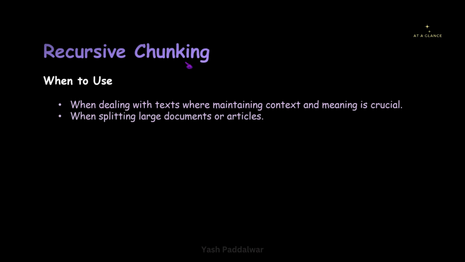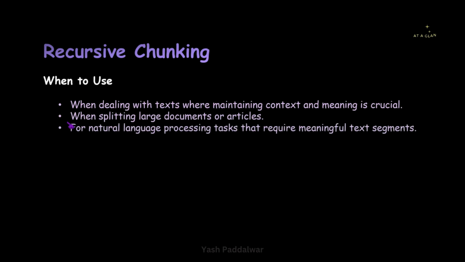Yes, of course, recursive chunking is very useful whenever we are dealing with a large amount of documents, or I would say knowledge bases. Next, for natural language processing tasks that require meaningful text segments. As already discussed, it creates meaningful text. But note one thing, it won't create semantic chunks. Whatever chunks are created will be meaningful, but it doesn't mean that every single chunk will be independent of each other. So I hope when to use the recursive chunking strategy is clear to you all.